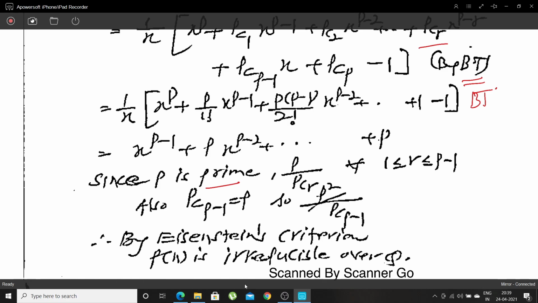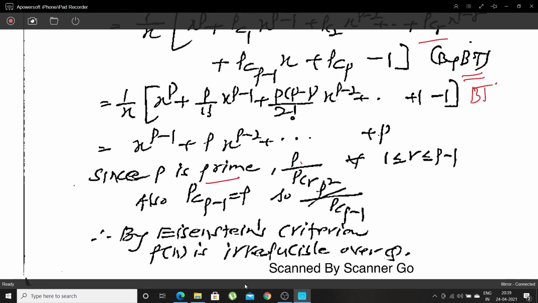In general, p divides pcr, and p does not divide pc p minus 1, and pc p minus 1 means p. That means the theorem is applicable. According to the theorem, clearly the polynomial is irreducible over the set of rational numbers.